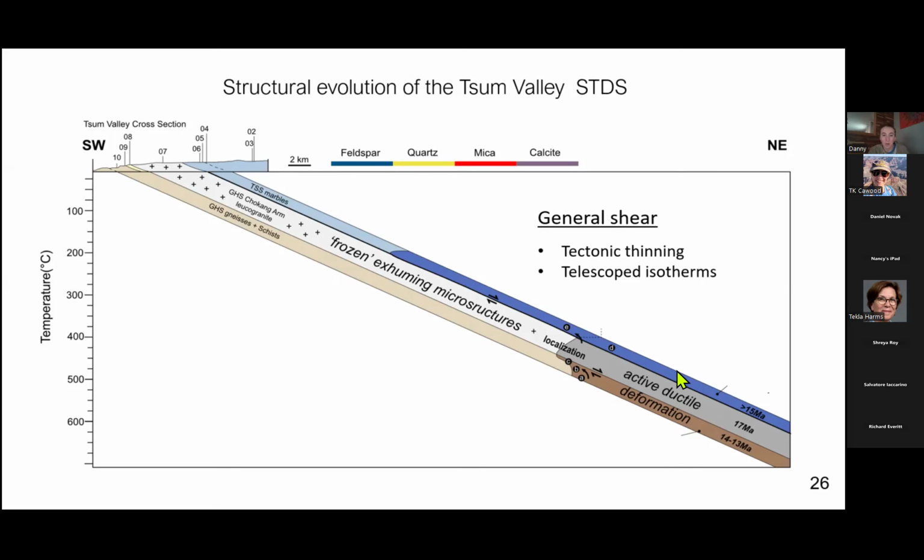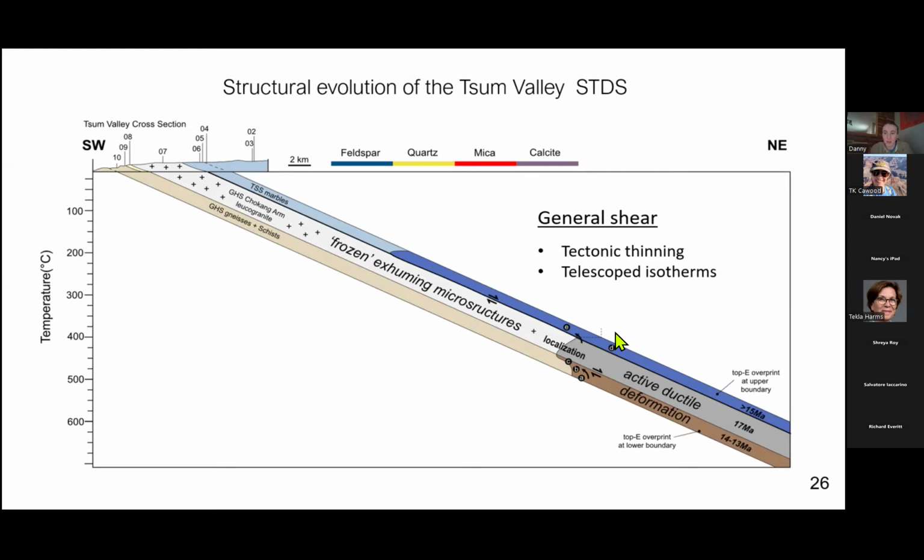Tectonic thinning is also consistent with the steep temperature gradient that we see in the South Tibetan Detachment System, from 500 to 600 degrees in the Greater Himalayan sequence, all the way down to below 170 degrees in the Tethyan sedimentary sequence. So the pure shear would have stretched and thinned the crust and brought these deeper, hotter rocks into close proximity with cooler and shallower ones.